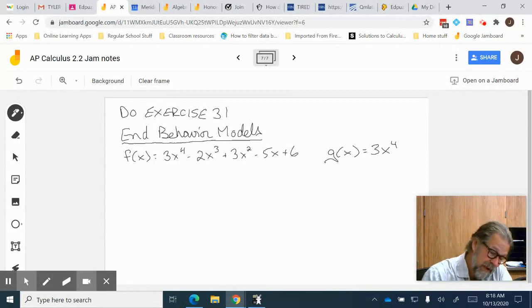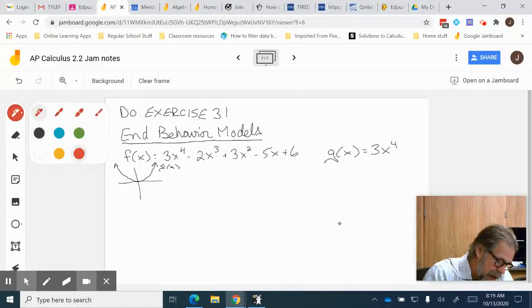Completely irrelevant. So if I look at the following two functions, f of x, g of x, 3x to the fourth, looks something like this. A little wobbly, but not really. This is g of x. What does f of x look like? Well, f of x is going to look the same out here, large values of x.